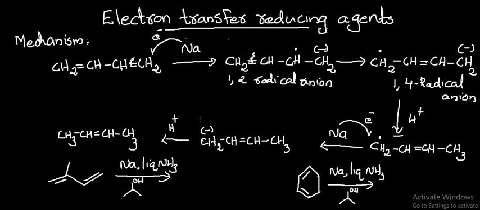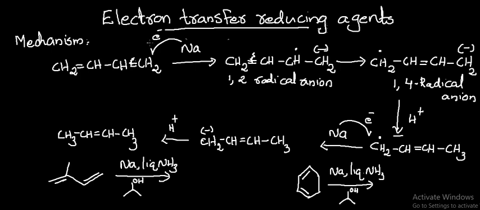It can easily be protonated using a proton source, H plus. It will convert into our final product CH3 CH double bond CH CH3. That is an isolated alkene, whereas the starting material is a conjugated alkene. The conjugated alkene is converted into an isolated alkene by the transfer of electrons.